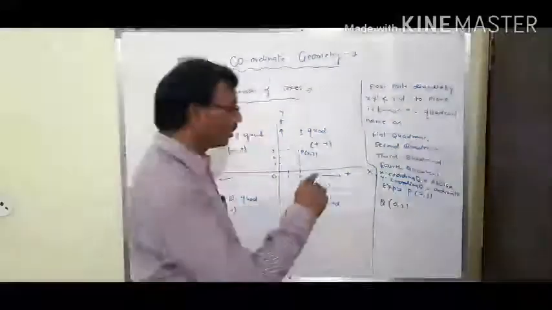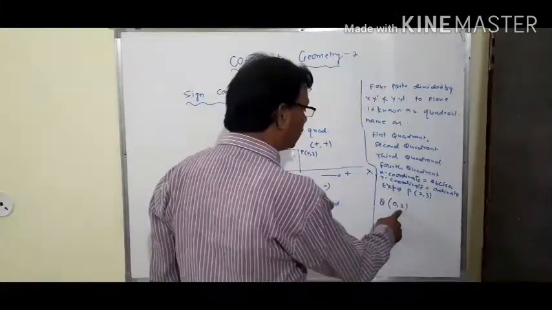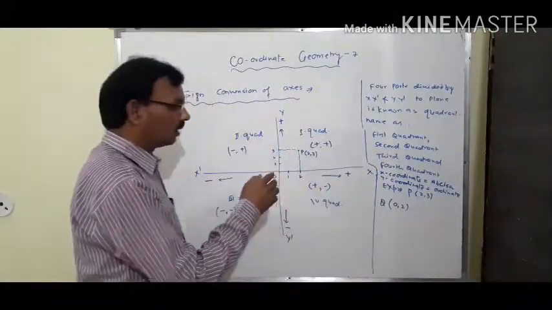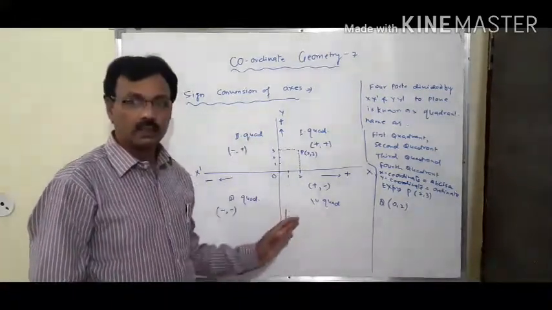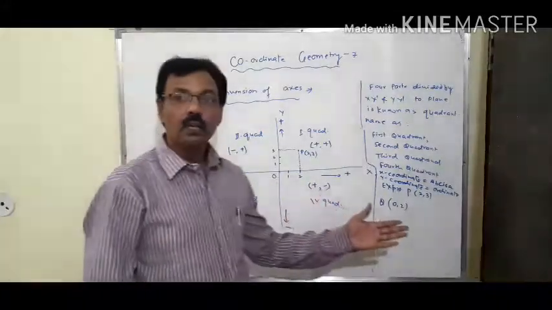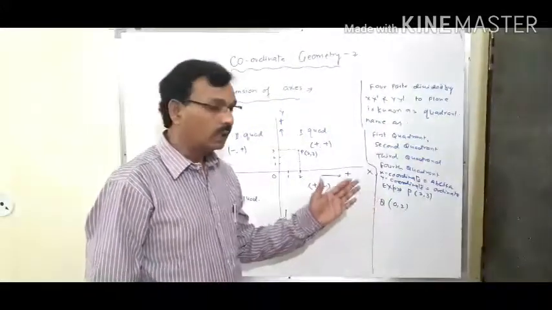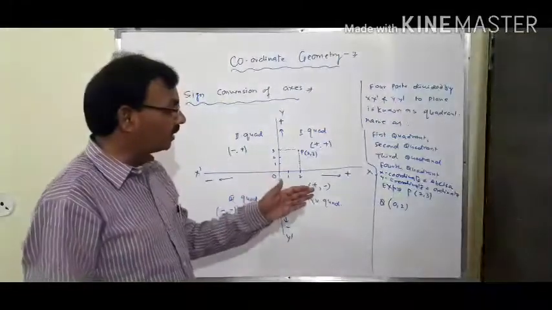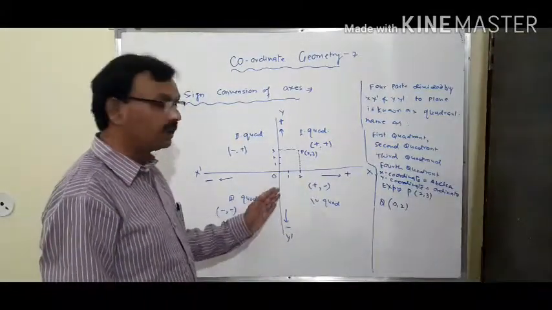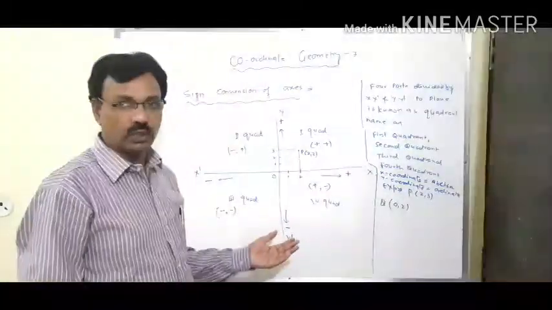That means the point lies on the axis whose coordinate is not 0. The sign of that coordinate then determines whether the point lies in the negative or positive direction.